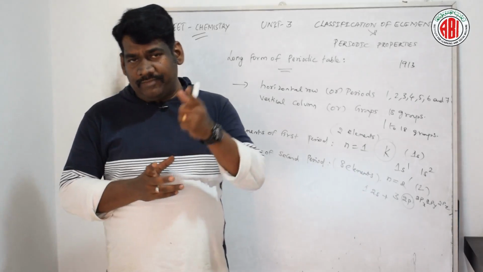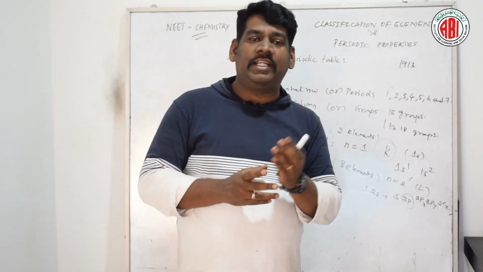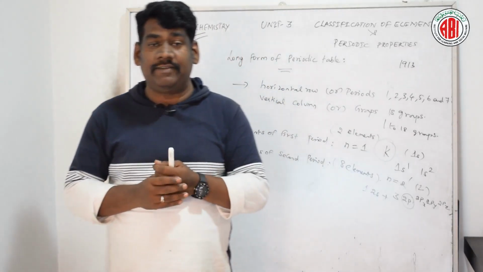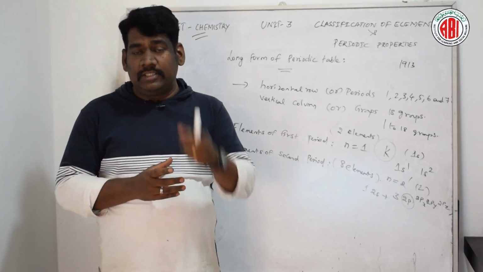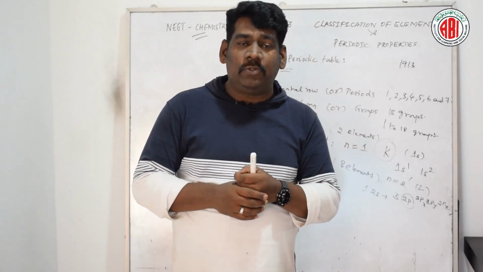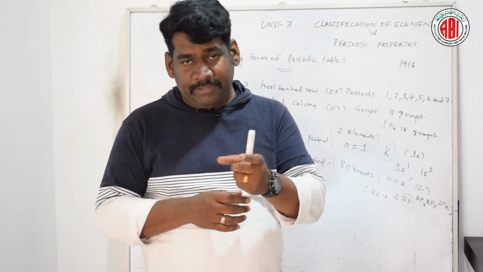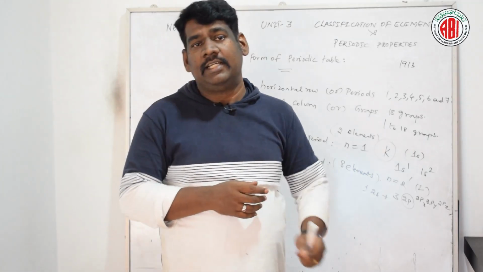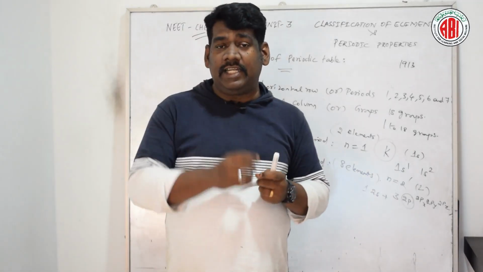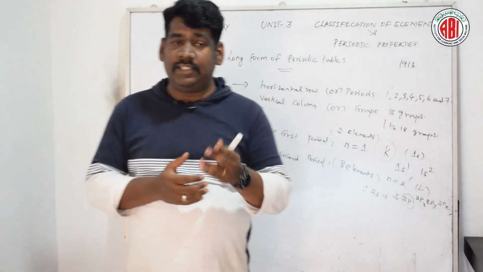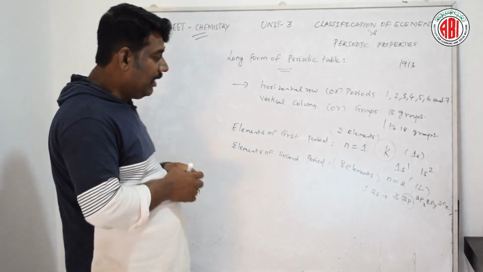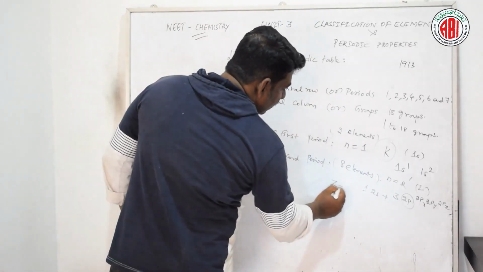Okay, so these 4 orbitals have the capacity of 8 electrons. So the second period shows 8 elements, which start with lithium. Its atomic number is 3.